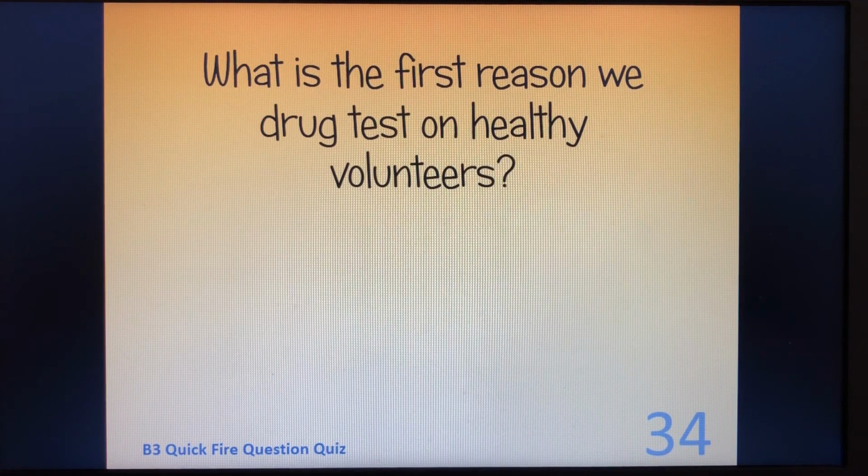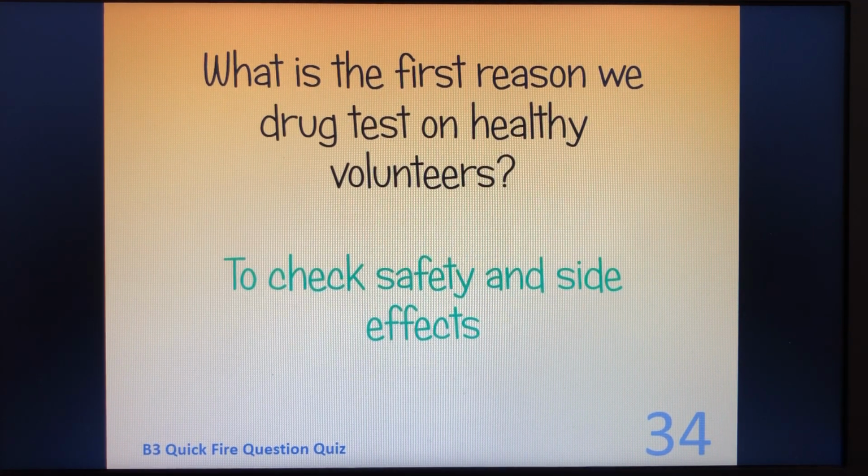And the answer is to check safety and side effects. If we've got someone who's ill, we don't want to be making them more ill by giving them a drug that's going to cause them side effects or any kind of detrimental effect to their health. So we've got the healthy volunteers to just look at side effects.